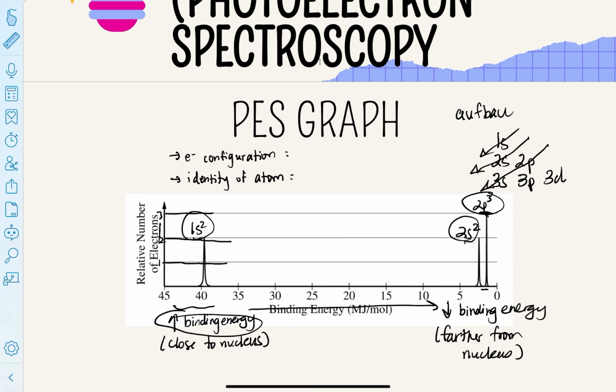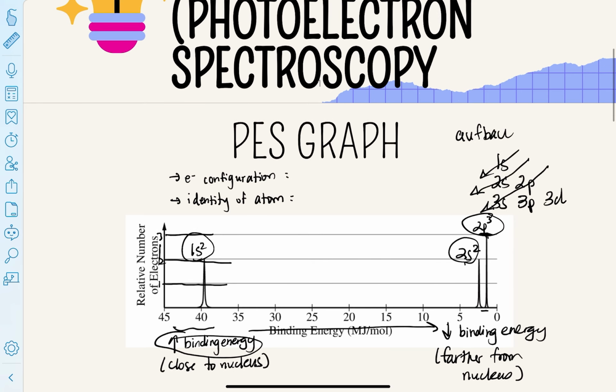So my electron configuration overall for this graph is 1s2, 2s2, 2p3. That's a total of 7 electrons, which means the identity of my atom here is nitrogen. Okay, so nitrogen has 7 total electrons in its ground state.